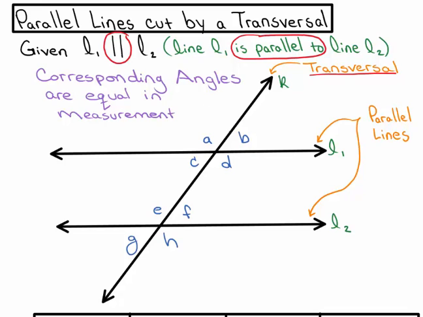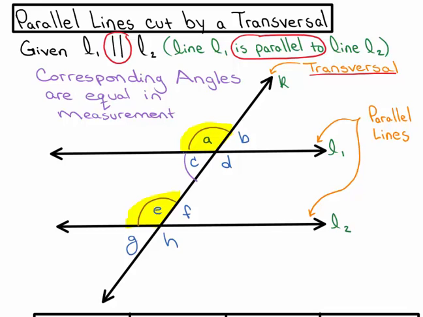So if we look here at angle A, the corresponding angle of angle A would be angle E. And if you look at A, it looks a lot like angle E. Just imagine we were to move angle A downward and it would land right on top of angle E. It would fit perfectly right there if we were just to slide angle A down. So angle A and angle E are corresponding angles and they're equal to each other in measurement.